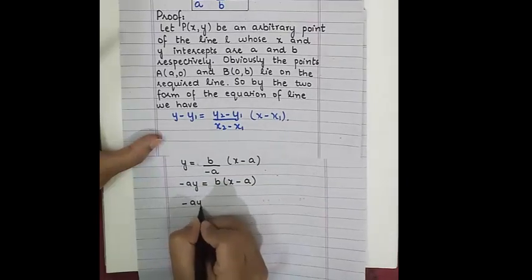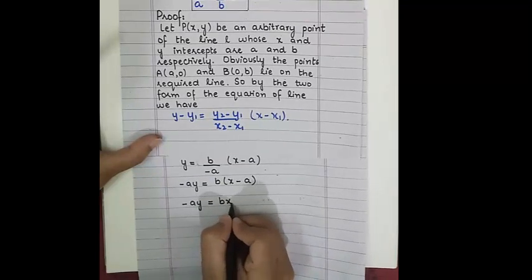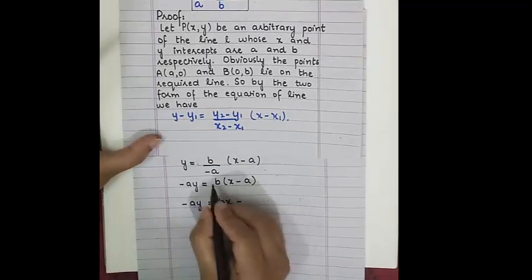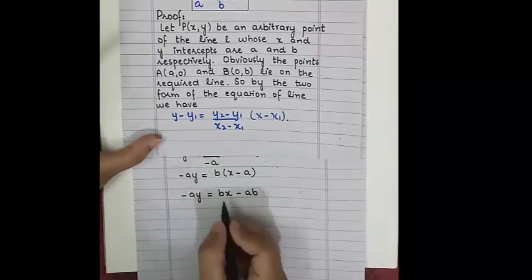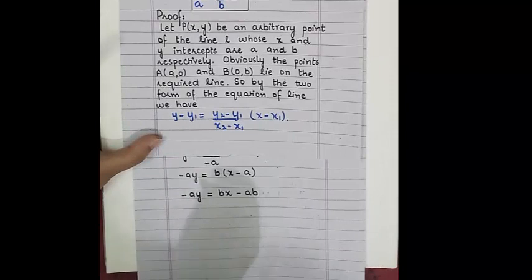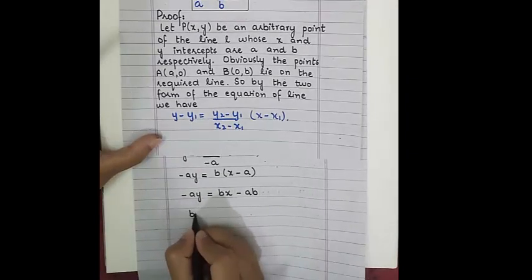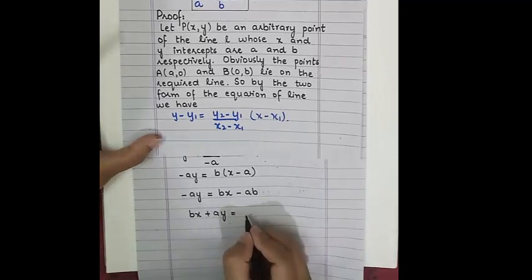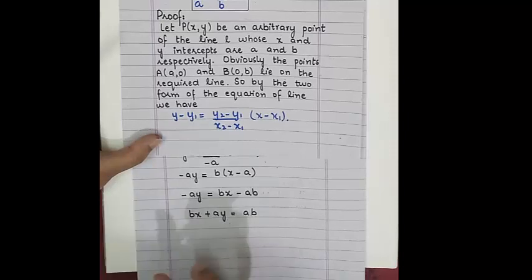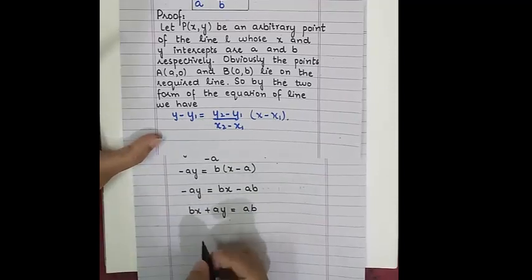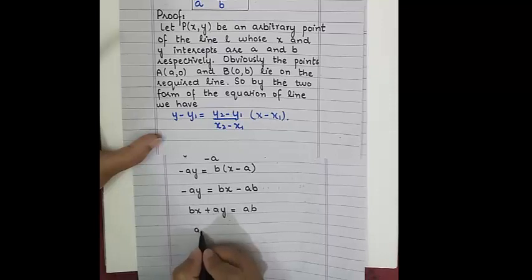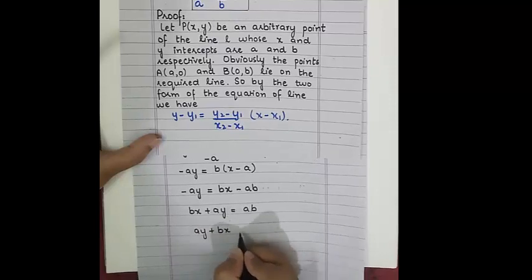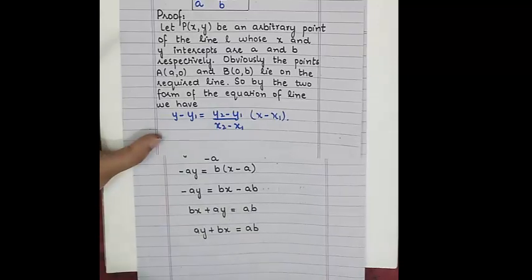Now minus ay is equal to bx minus ab. Interchanging the positions, we have bx plus ay equal to ab. We have shifted minus ab to the other side and this minus a to the other side. Now we have the form ay plus bx is equal to ab.